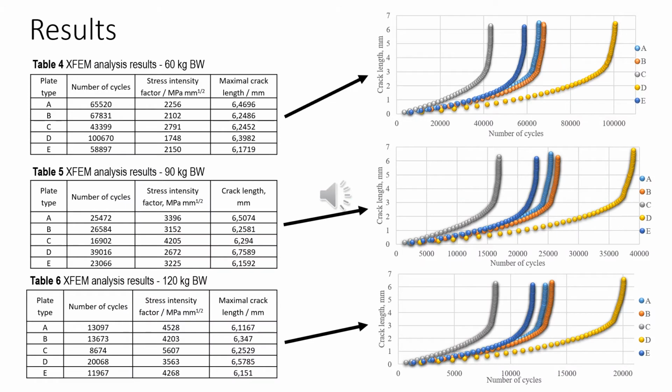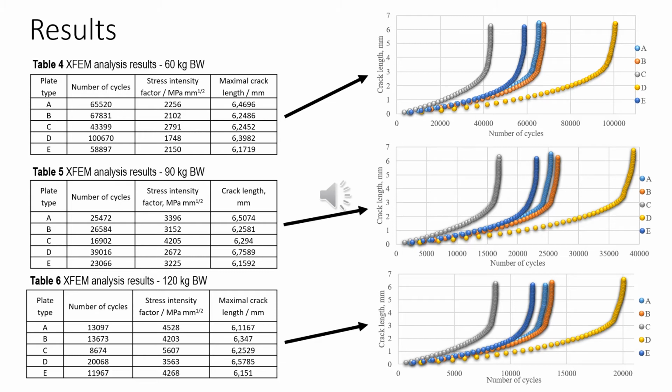From the point of view of practical application of this research, we can see now 3 sets of diagrams. They are given for 3 different body weights and for all 5 different plate geometries. And of course the longest life is for body weight of 60 kilos.